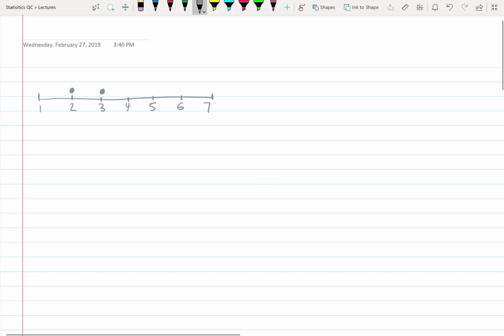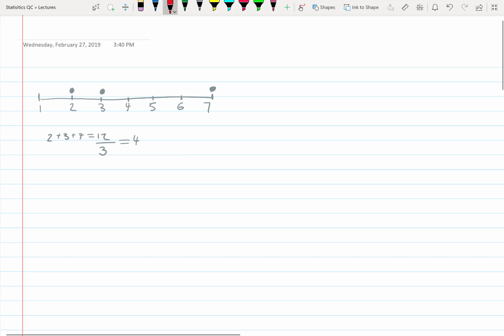3, and 7. And we know that the mean of these scores is 4 because we have 2 plus 3 plus 7 equals 12. We have 3 scores, so the mean is going to be equal to 4.